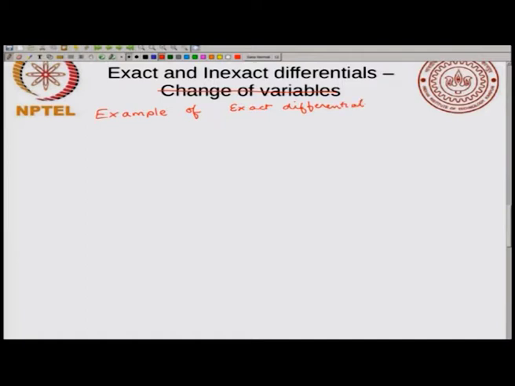Suppose you have dy/dx is equal to minus (2xy² plus y plus x³) divided by (2x²y plus x plus y).